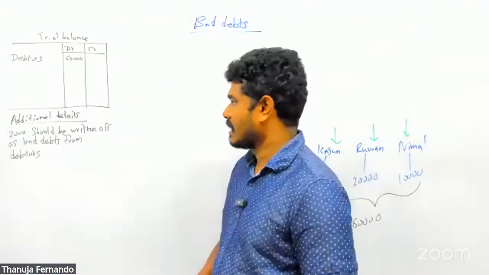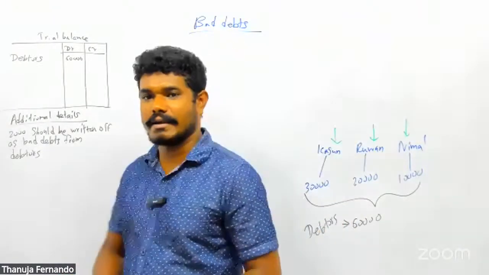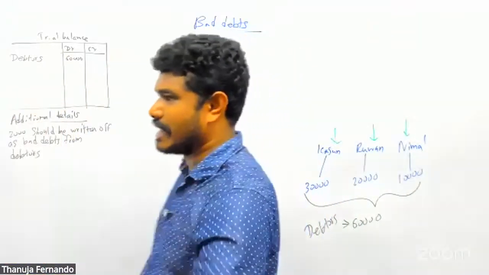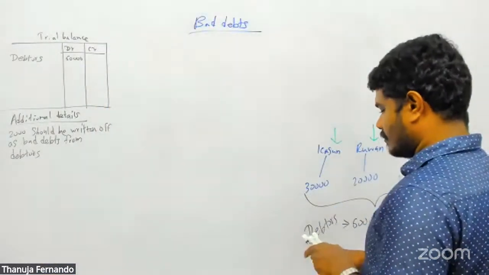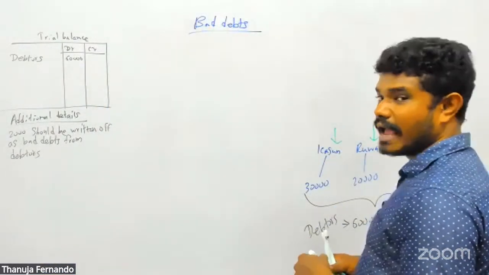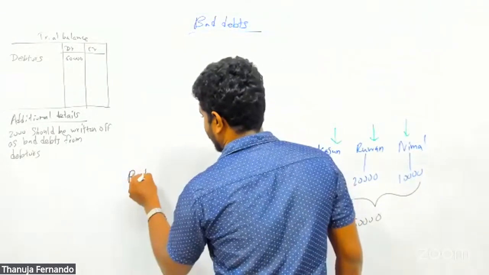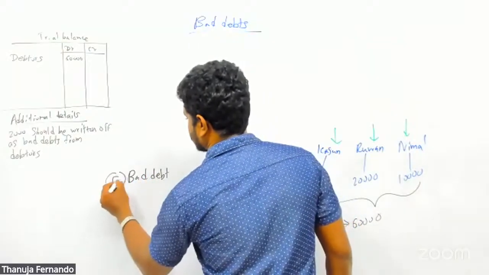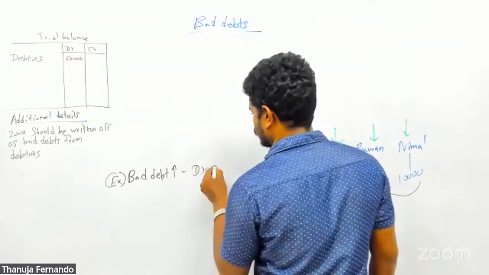So if someone tells you to write the double entries for bad debts, we know bad debts means the debts which we can't recover. Because bad debts is an expense increasing, it is a debit in the bad debt account, 2,000.